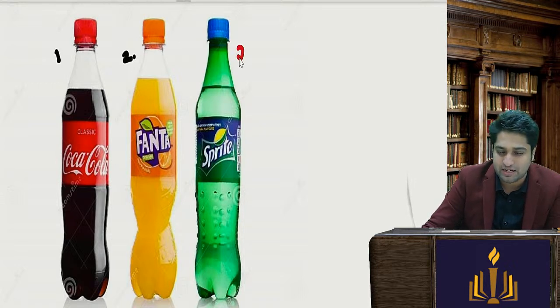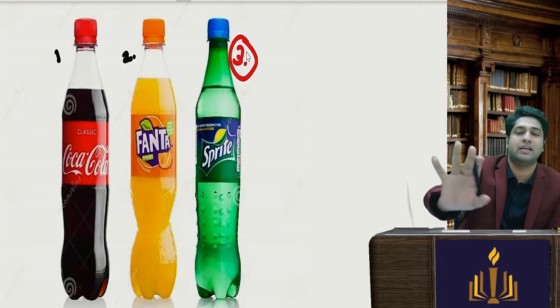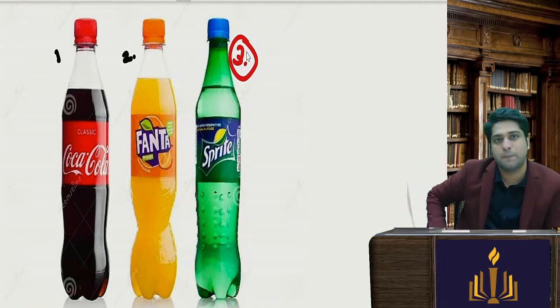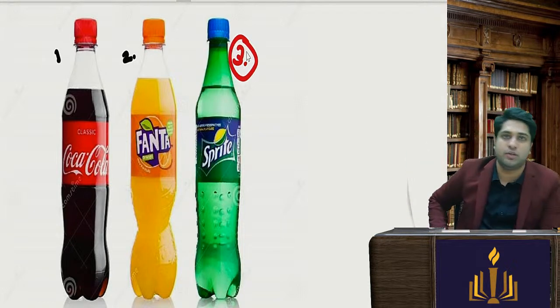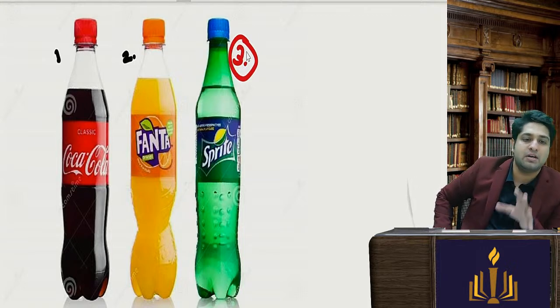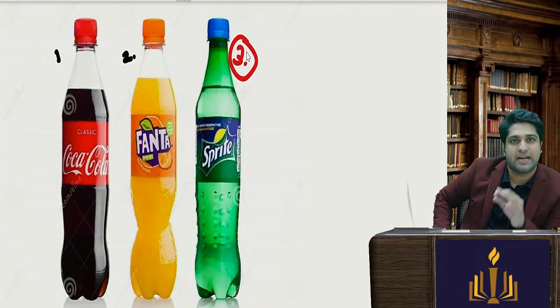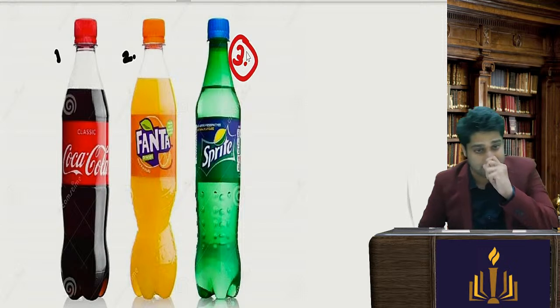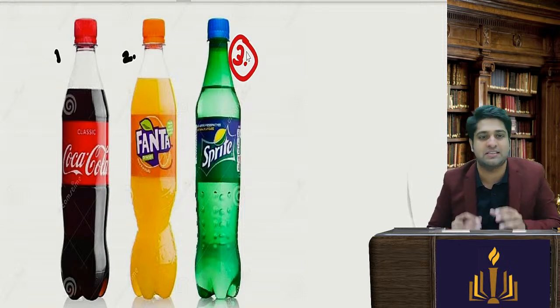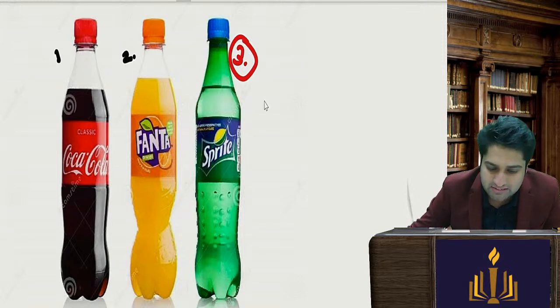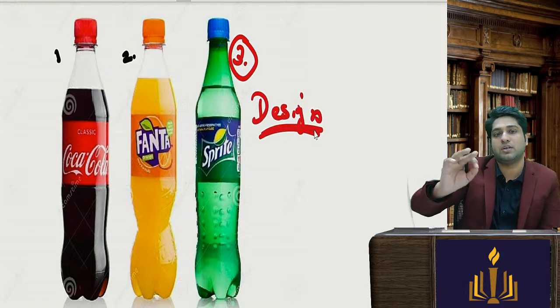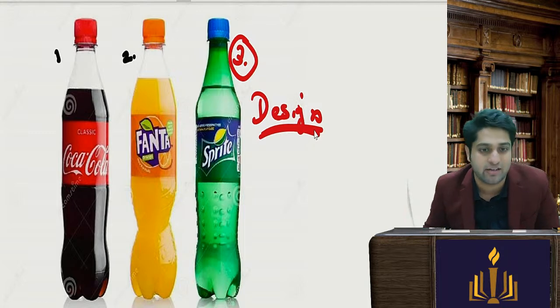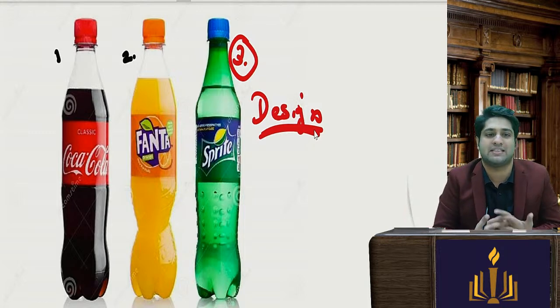Hypothetically, if I removed the label and gave this bottle to you, would you be able to identify that it's a bottle of Sprite? Yes or no? Obviously yes, it is green in color, it has those dotted things, it has a separate shape. So the manufacturer would want to get it registered under the Designs Act, because there are a lot of copycats in the market.